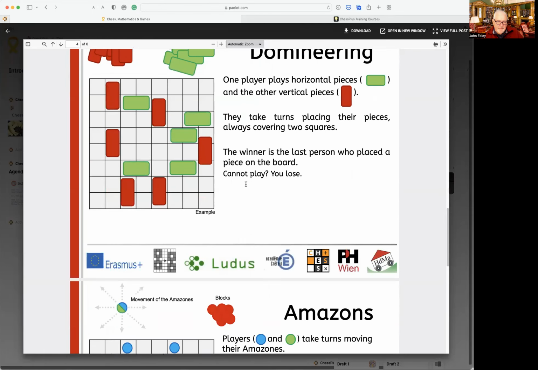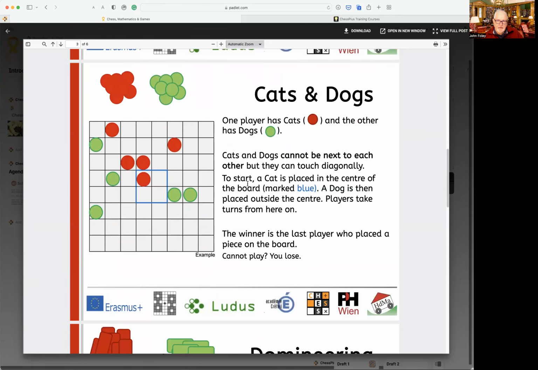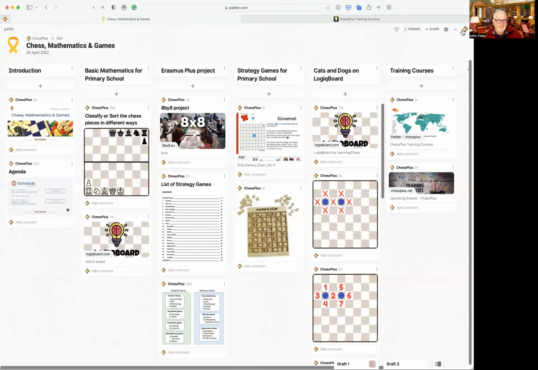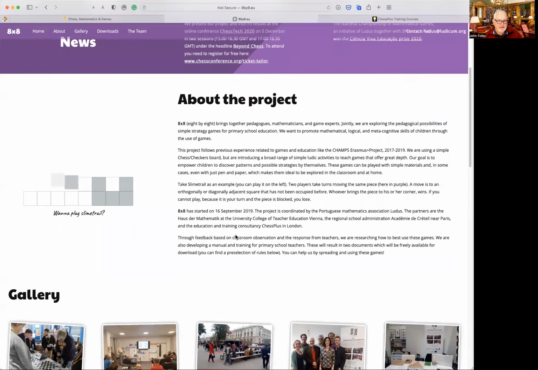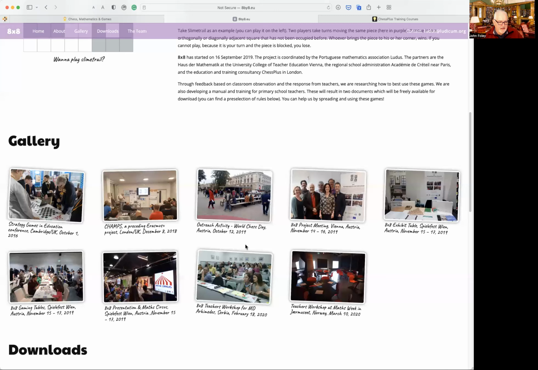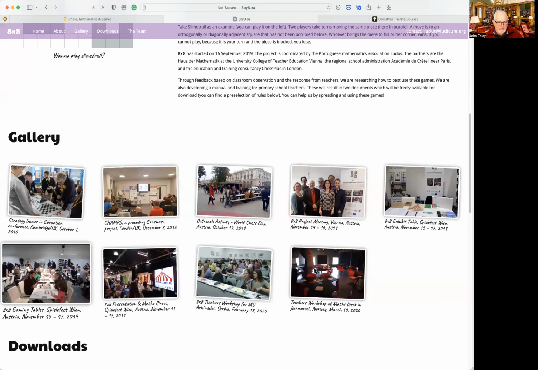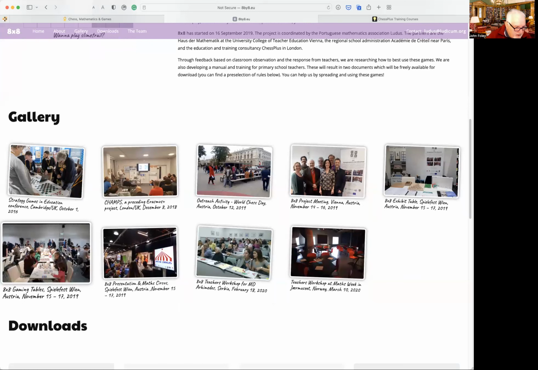Okay, so we've got these little brief descriptors, and actually we gave these cards out at the various events that we go to. So for example, on this 8x8 project I'm discussing with you, we went, for example, to the Spielfest in Vienna.